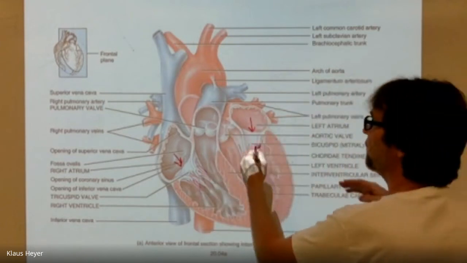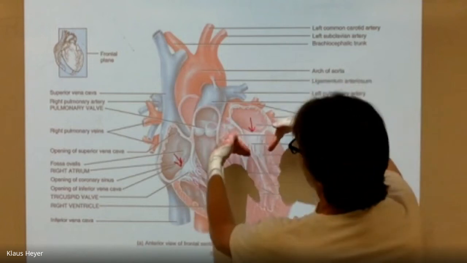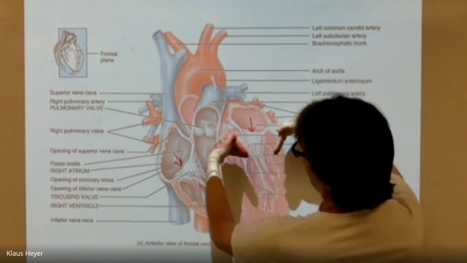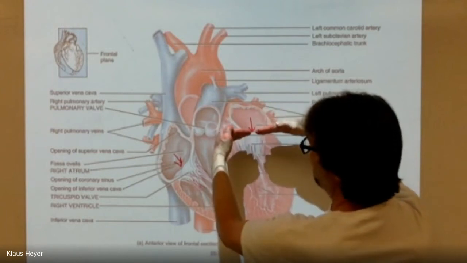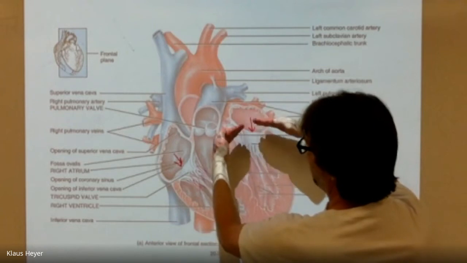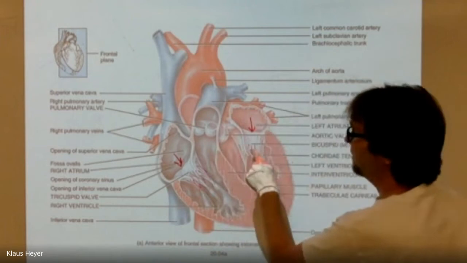So these cords are preventing the valve from opening the wrong way. You want it to open into the ventricle, but not back into the atrium again. So you want it to stop right there. That's what these cords do.